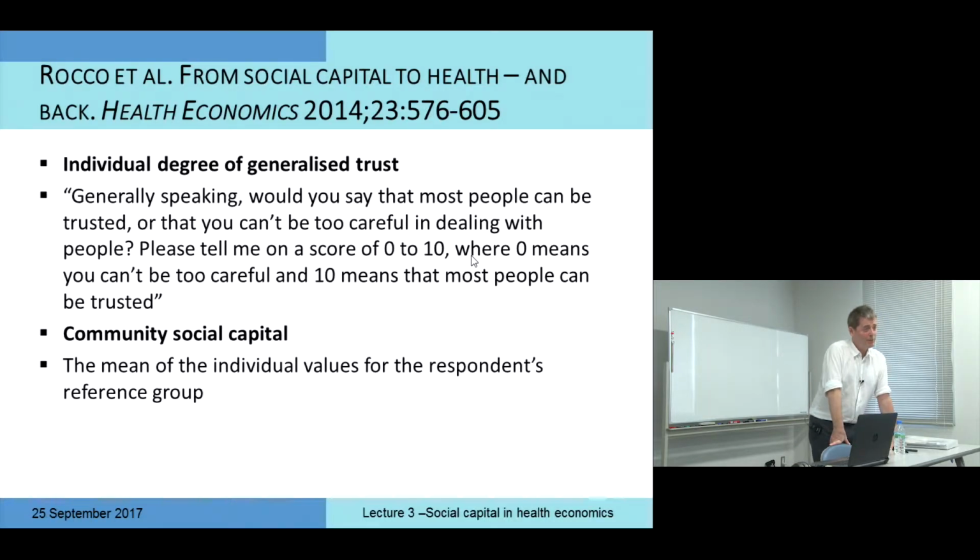Again, part of the problem is we are typically using existing data sets, and the existing data sets have been designed for various reasons. They haven't usually been designed with testing causation and causality around social capital in mind.